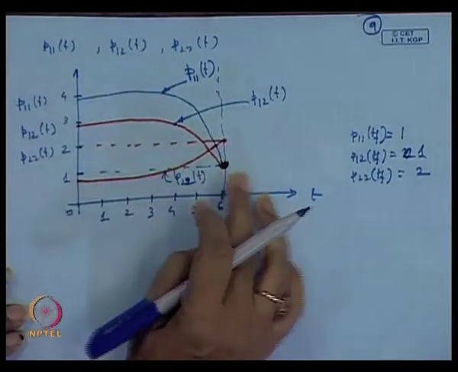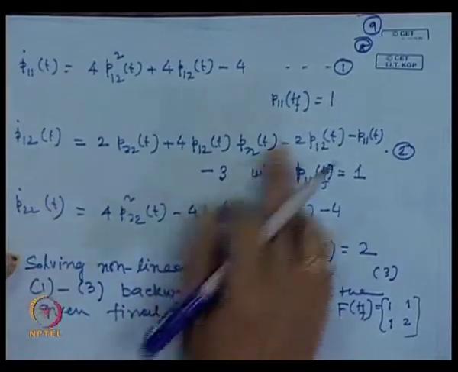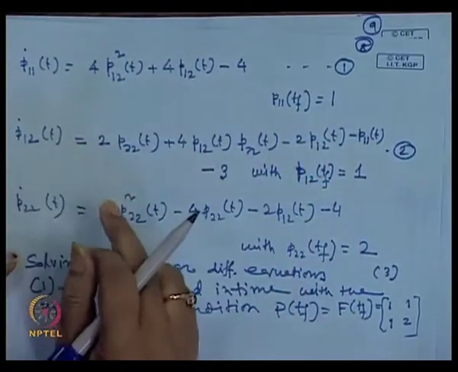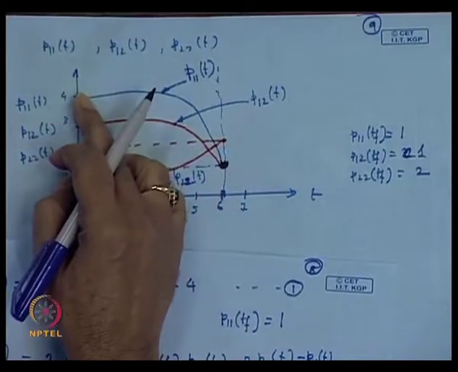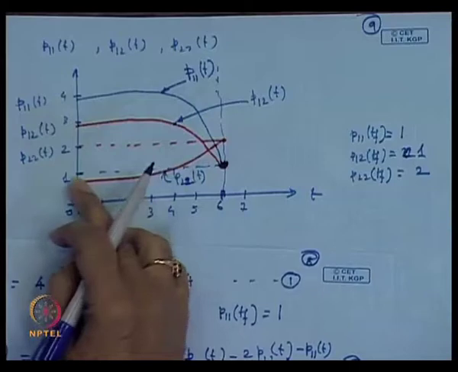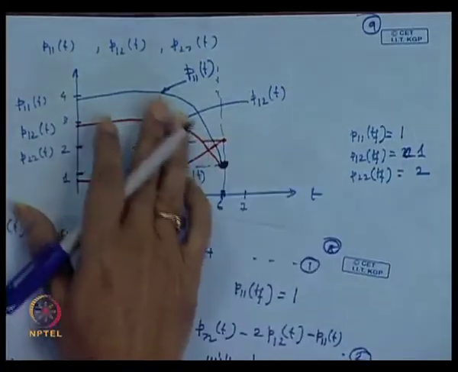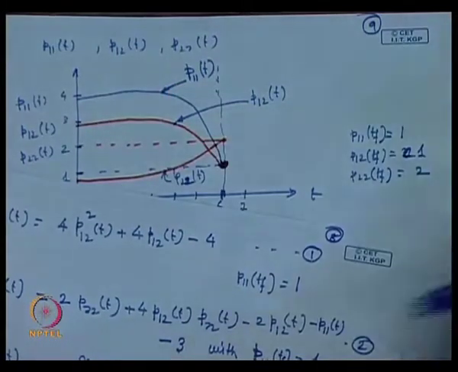If you solve this set of equations that we have considered in backward integration, backward in time, then you will get the trajectory of P 11 like this way, the trajectory of P 12 this way, and the trajectory of P 22 this way. This shows only the nature of the solution, not the one for the problem we have considered.